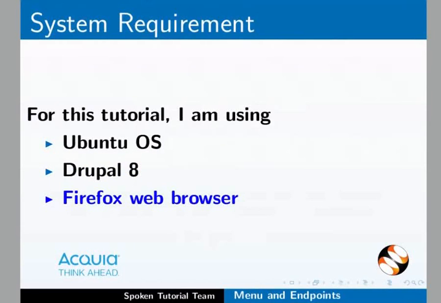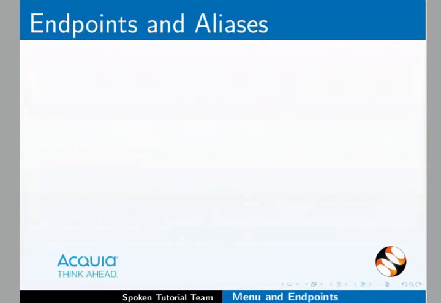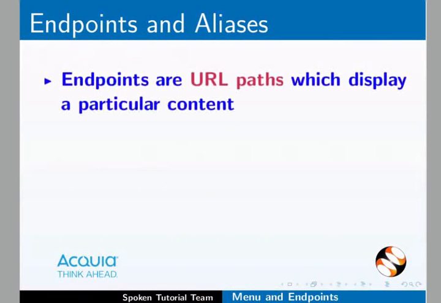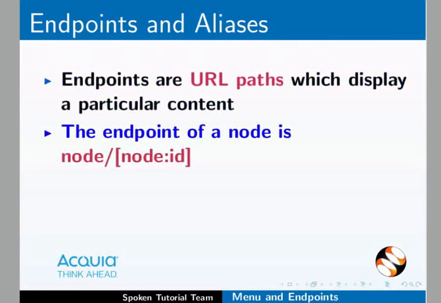In this tutorial, we will talk about the process of creating proper URL paths for our website. Endpoints and aliases. Endpoints are URL paths which display a particular content. By default, in Drupal, the endpoint of a node is node/nodeid.